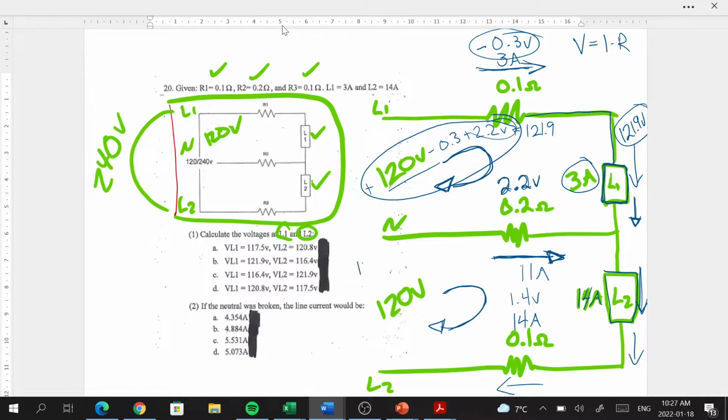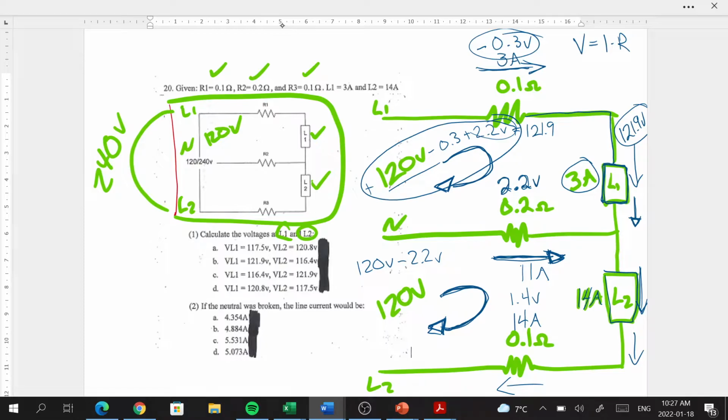So we start with 120 volts and we subtract 2.2 volts this time. And that is because the current flow through the neutral is traveling the same direction as our loop.